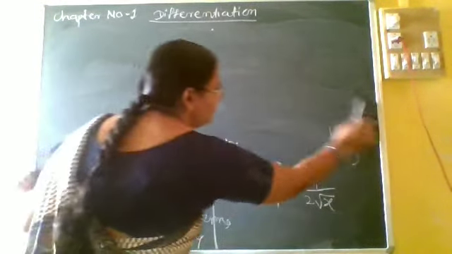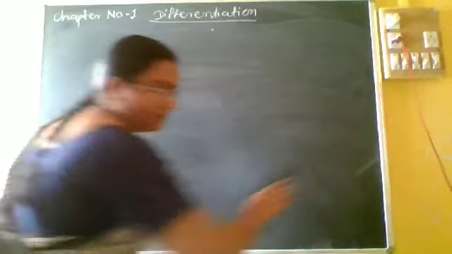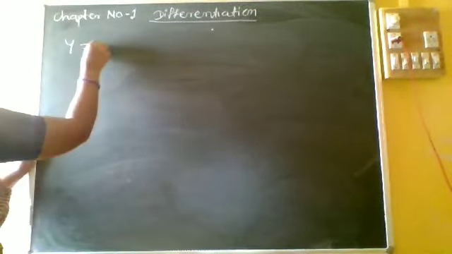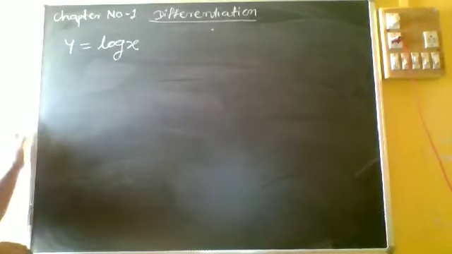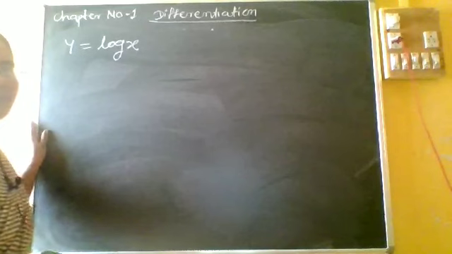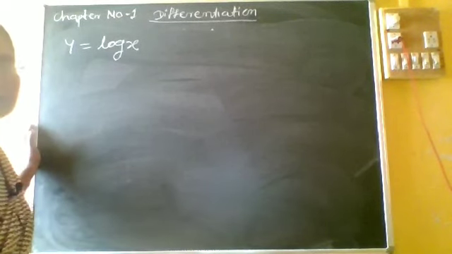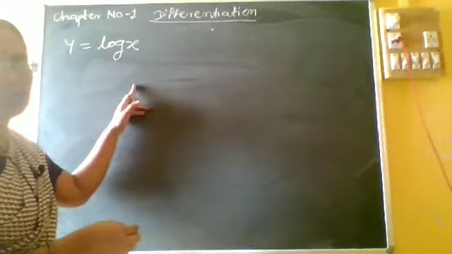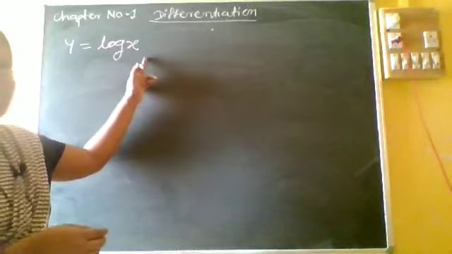y is equal to log of x. We are in the second subunit, finding the derivative of the given function by using the inverse function. y is equal to log of x. It is given in terms of x.